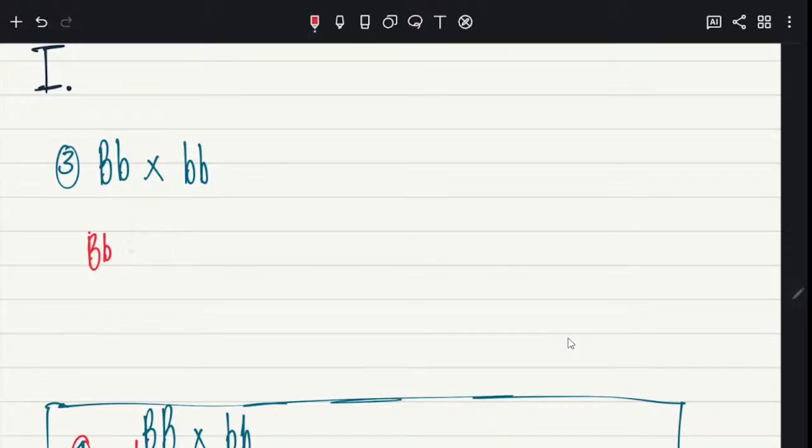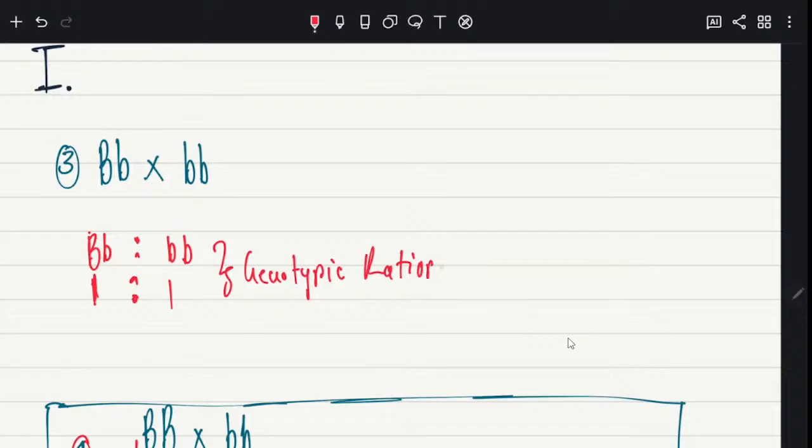So you're going to get 1:1, which you will reduce to 1:1 instead of 2:2. So this is the genotypic ratio and also the phenotypic ratio. For phenotype, you would say you have 1:1 for black as to yellow.